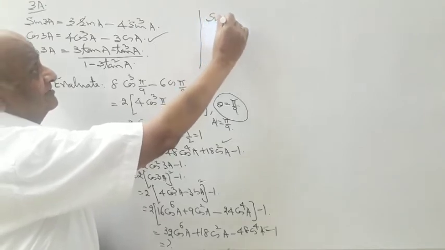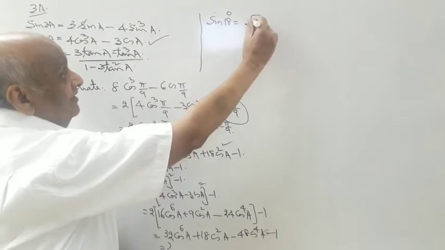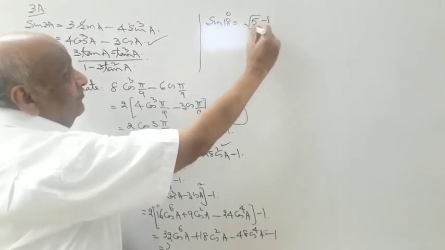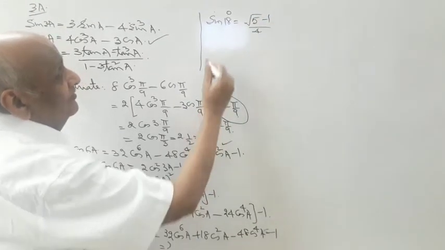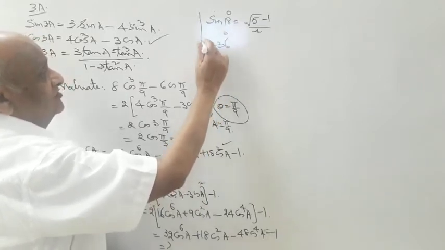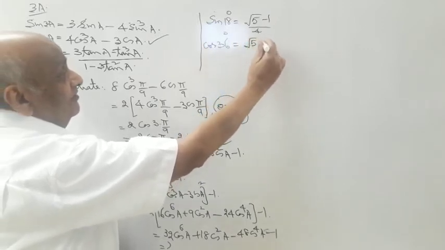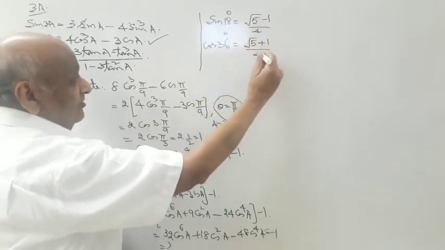Also, in my previous lecture I proved sin 18 degrees is under root of 5 minus 1 by 4, and cos 36 degrees is under root 5 plus 1 by 4.